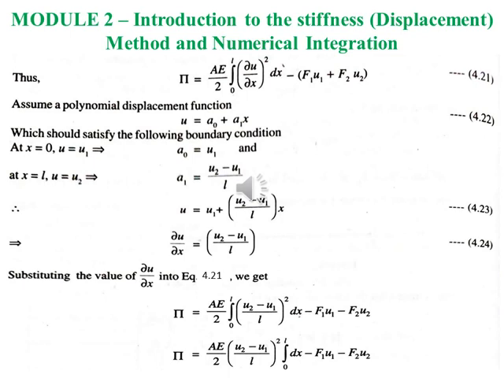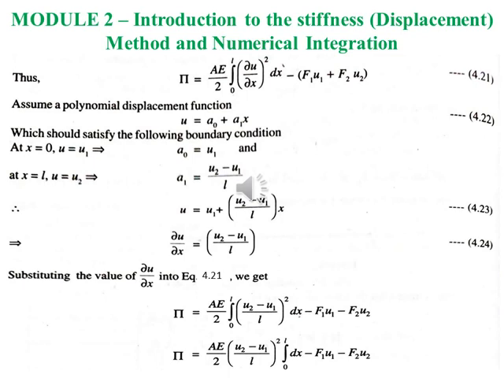Simplifying the term and taking the constant terms outside, that is AE by 2 ((U2 minus U1) by L) whole square, and integrating from 0 to L del X minus F1 U1 minus F2 U2.